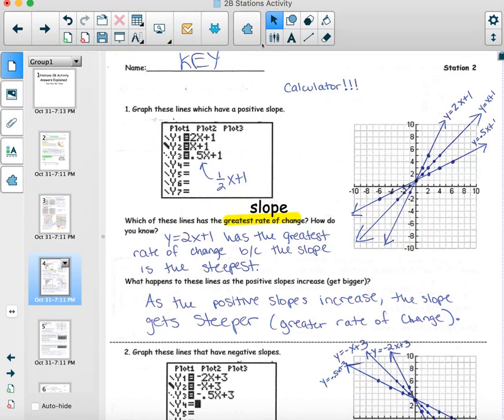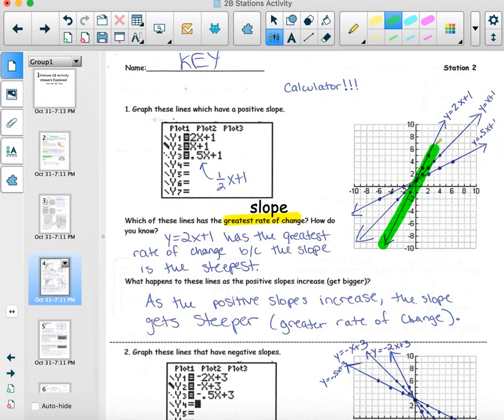Very good. Right here. This has the steepest slope. Okay, and how do I know that this is the greatest slope? Because it's the steepest slope. So this first graph right here is our steepest slope. What happens as the positive slopes increase and get bigger? Well, we kind of just already talked about this.